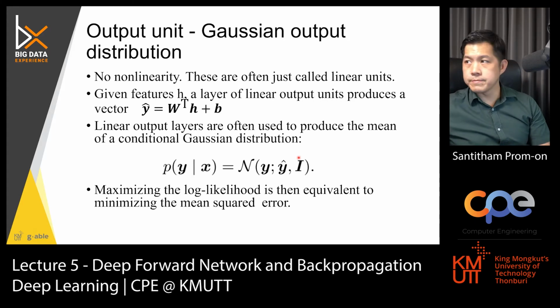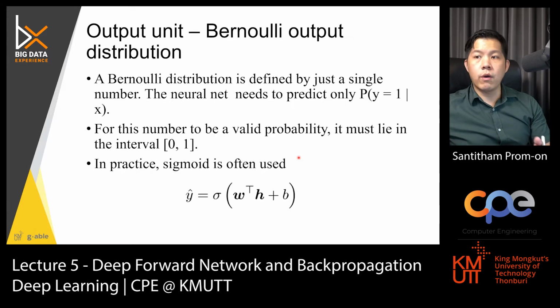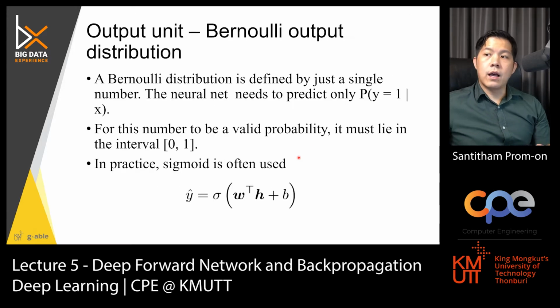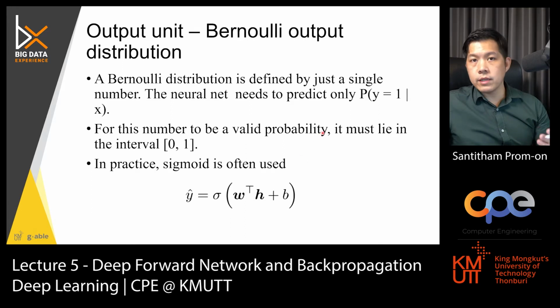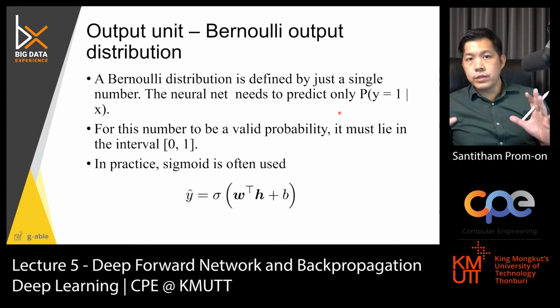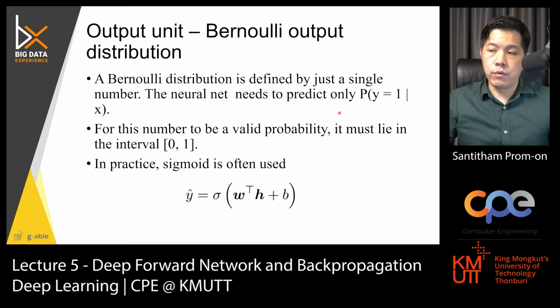So the same here. If the output is binary, 0 and 1, that means the output needs to predict the label, whether it is 1 or 0. Then, instead of having the linear output, we can transform the output using sigmoid.